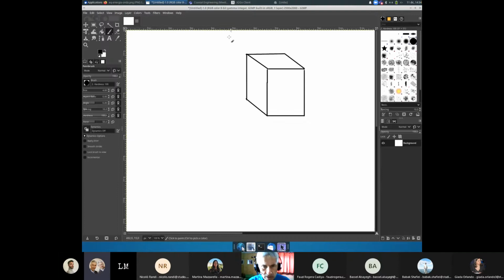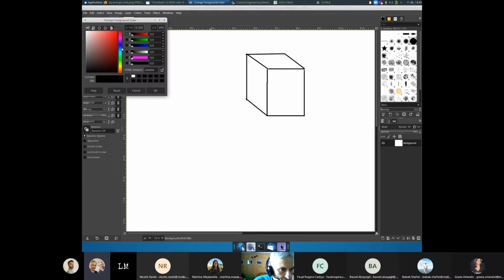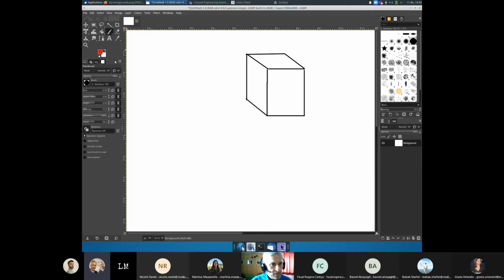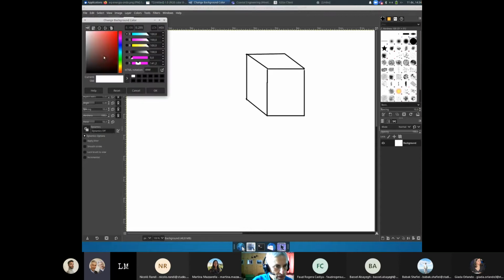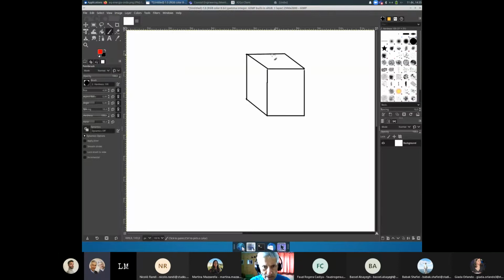And now let me draw with the red. Let's take the reference in this way. Good, and let me just take the black here. Okay, so let's take the references, the direction of the axis in this way.